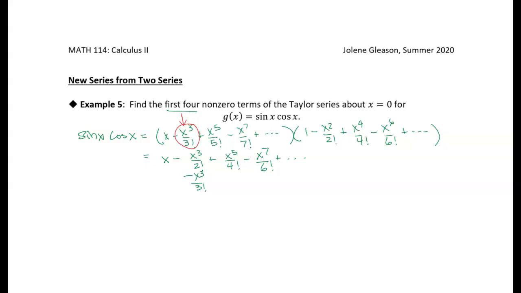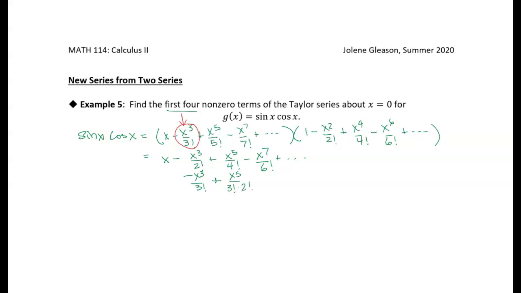I'm going to take the x cubed over 3 factorial, going to take it times the next term, right? So that's the x squared. So I'm going to end up with, let's see, they're both negative. So I'm going to end up with a plus x to the 5th over 3 factorial times 2 factorial.